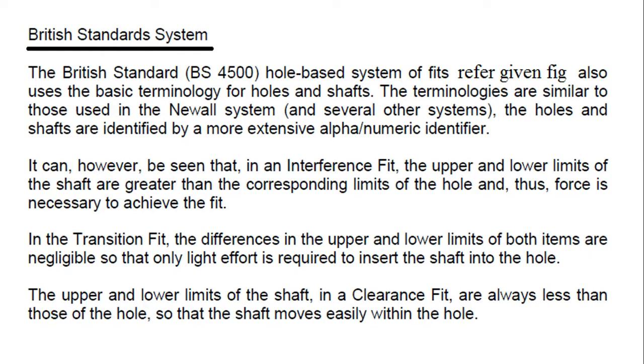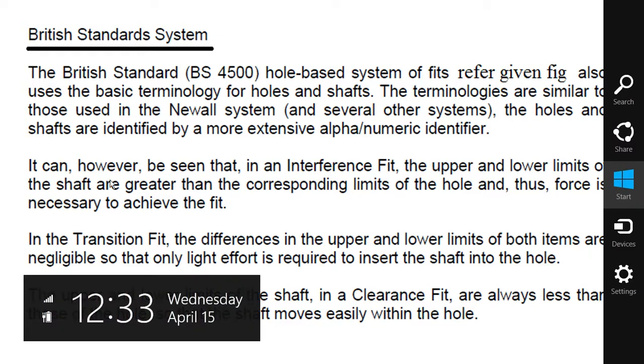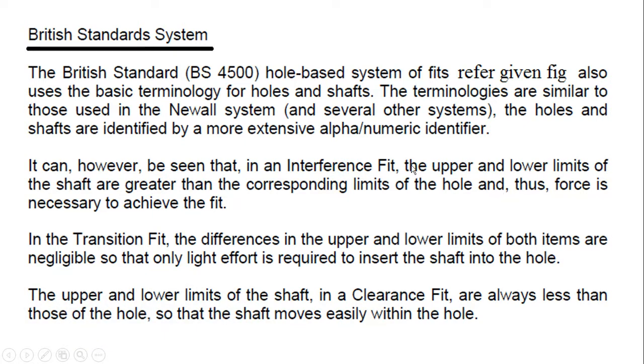It is almost equal to the basic terminology used for the naval system and several other systems. It can, however, be seen that in the interference fit, the upper and lower limits of the shaft are greater than the corresponding limits of the hole. Right.